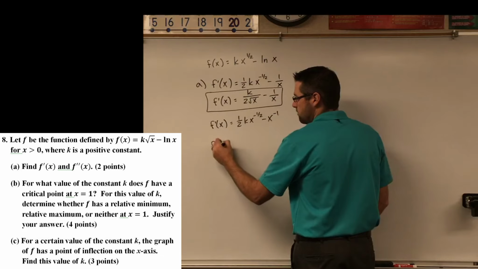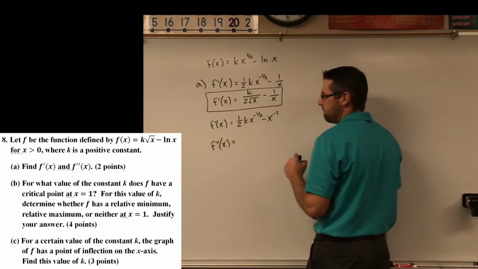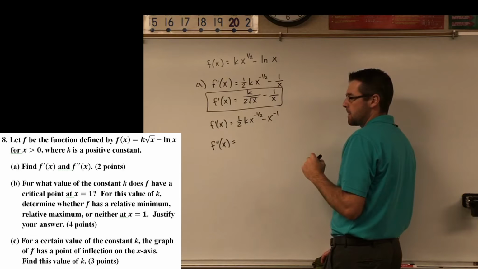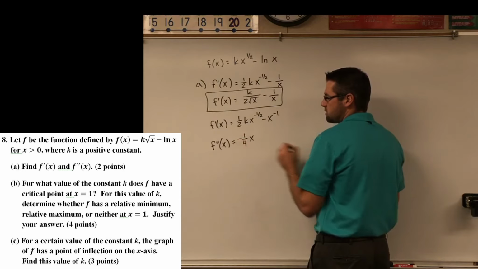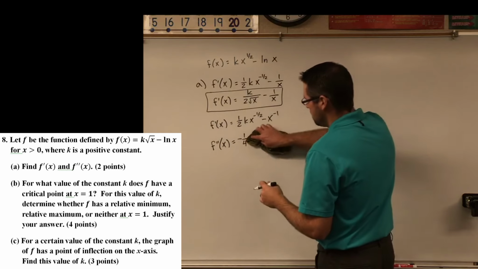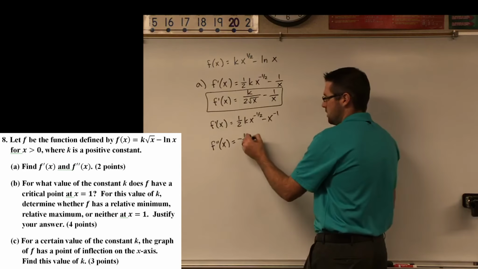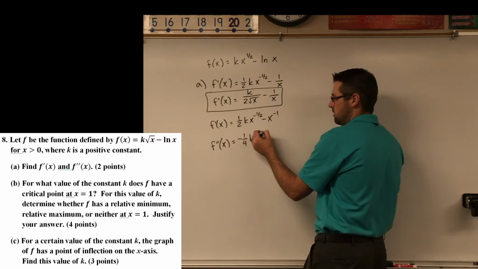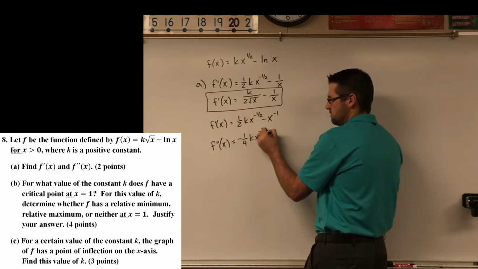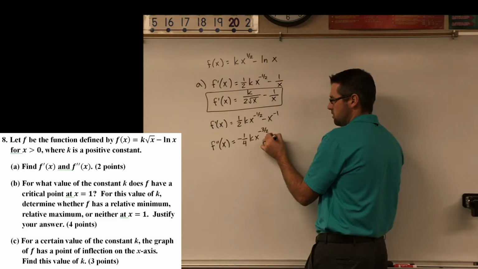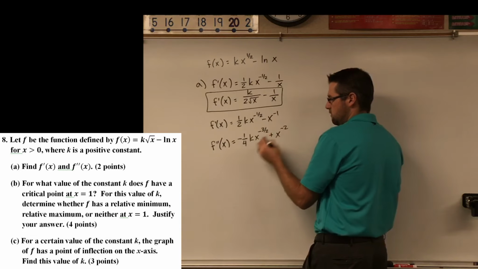So f double prime is equal to negative 1 over 4 k x to the negative 3/2, plus x to the negative 2.